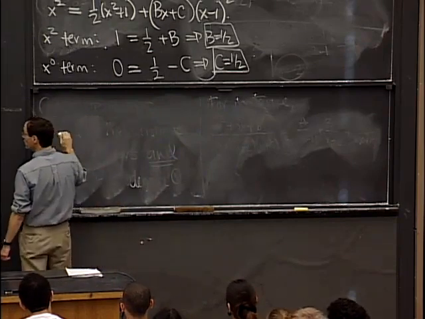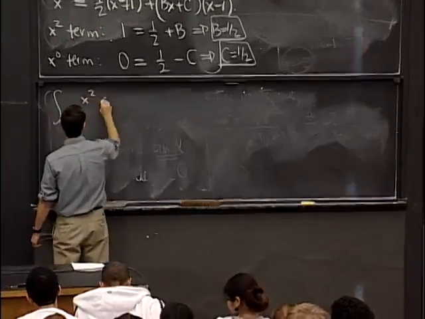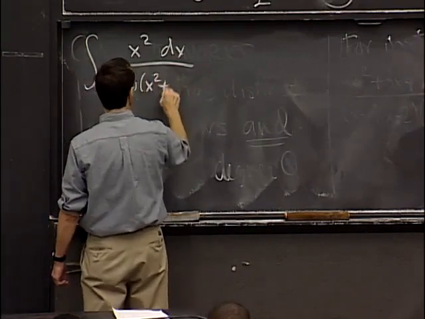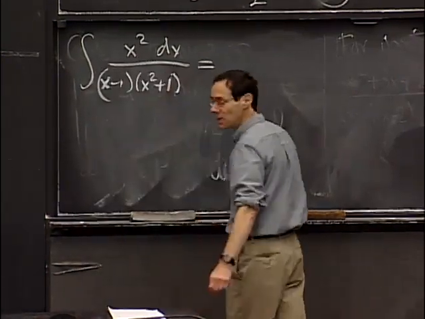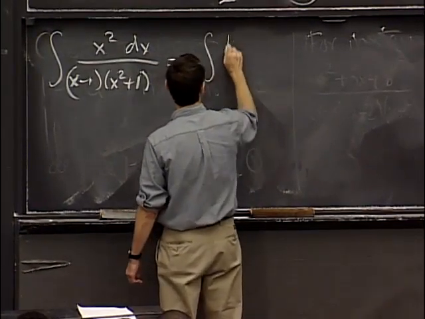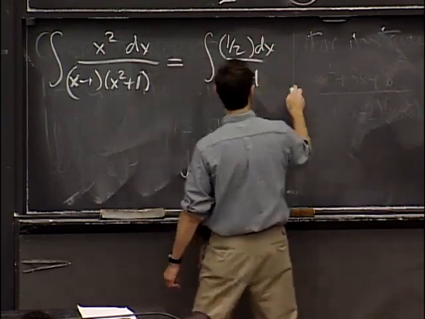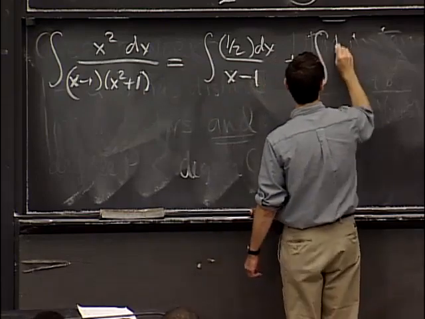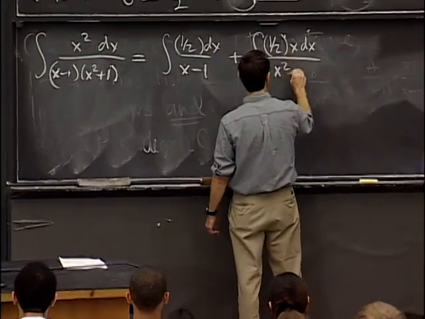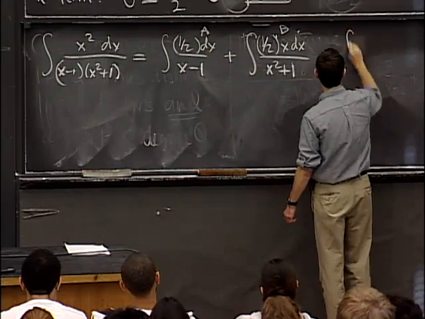What I've just shown you is that the integral of x squared dx over x minus 1 times x squared plus 1 is equal to, and I've split it up into these pieces. So what are the pieces? The pieces are a half over x minus 1, plus a half x over x squared plus 1. This is the a term, this is the b term, and then there's the c term.